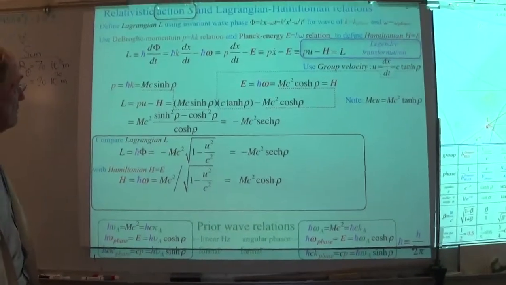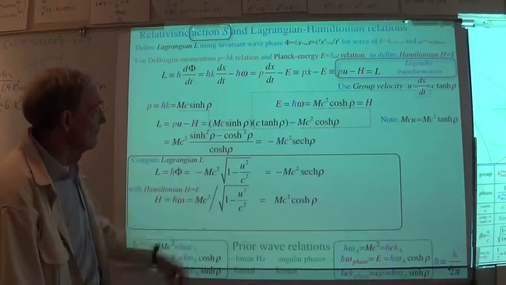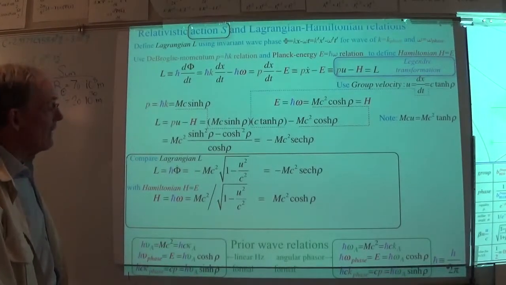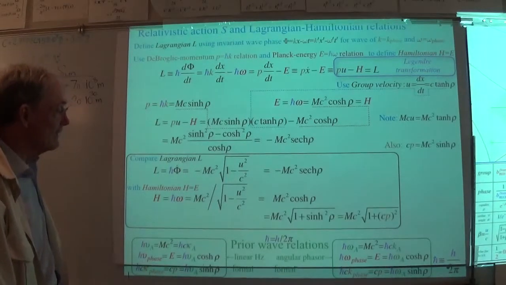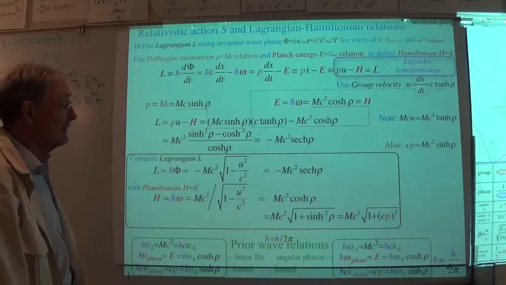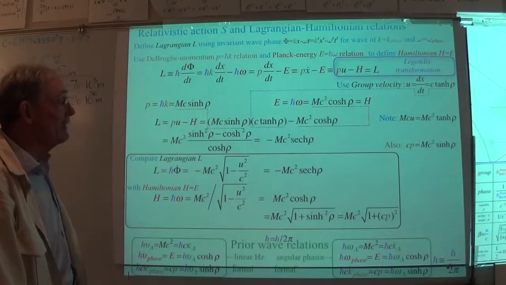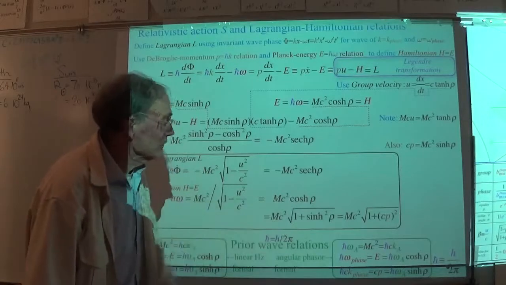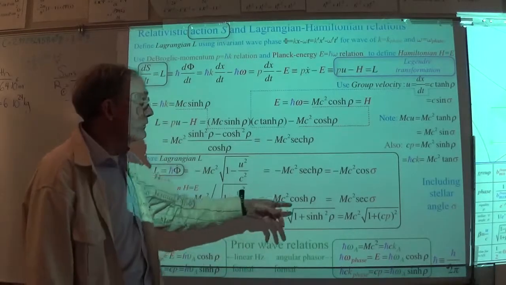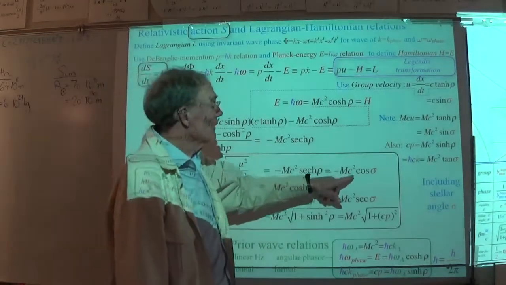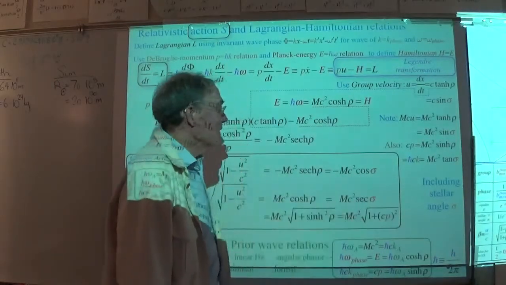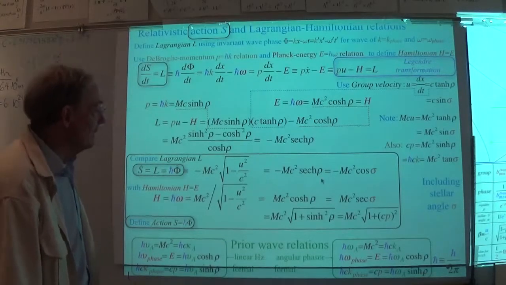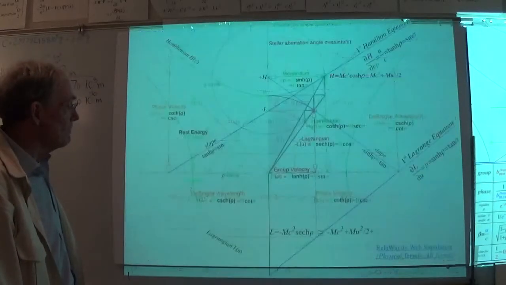So just to compare the Lagrangian, which is this, and the Hamiltonian, which is this: the hyperbolic cosine is inverse to the hyperbolic secant, and in fact equal to that. And then the cosine of sigma here is the secant of sigma there. This includes the stellar angle in the mix.